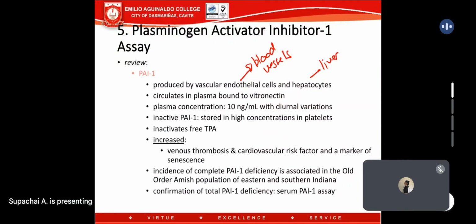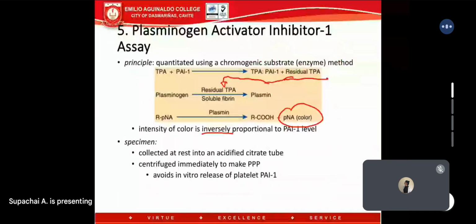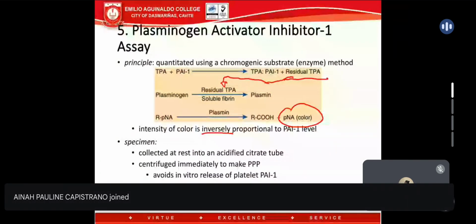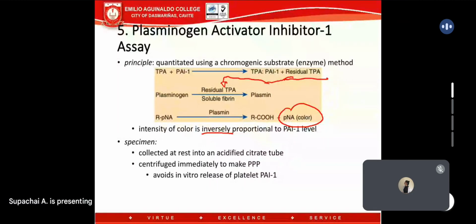So to confirm the total PAI1, we need to perform the serum PAI1 assay. So the principle is also utilizing the so-called chromogenic substrate enzyme method. Again, change in color. However, in this case, TPA is combined with PAI1, and the complex would have residual TPA.